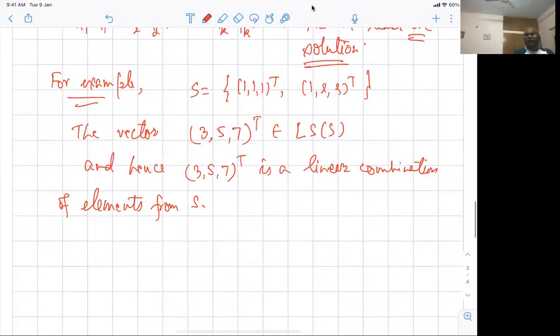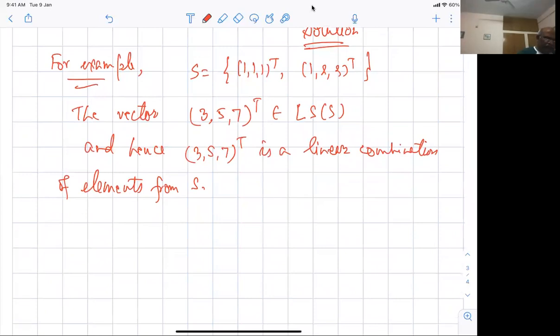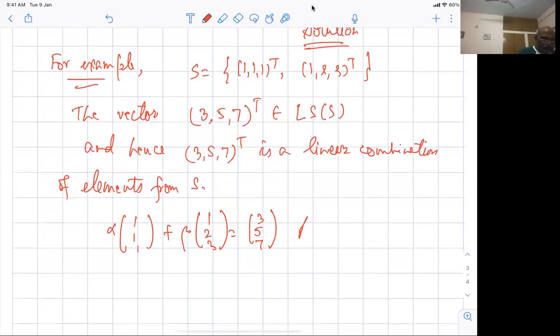What we are saying is that alpha times (1, 1, 1) plus beta times (1, 2, 3) is equal to (3, 5, 7) has at least one solution. Check that alpha equal to 1 and beta equal to 2 is a solution.